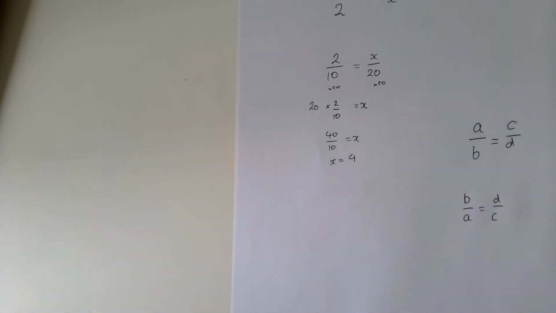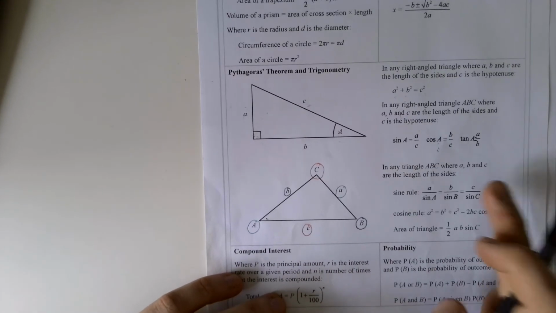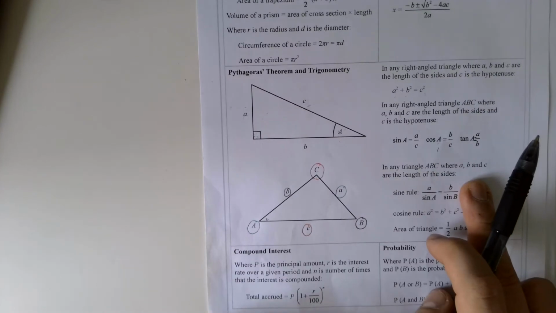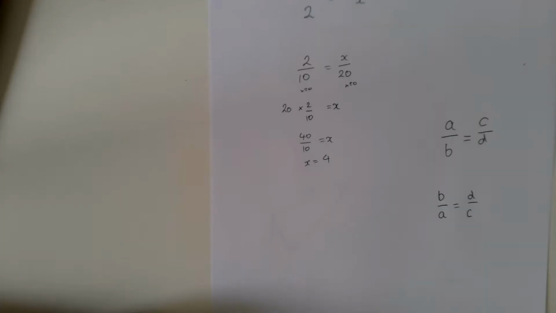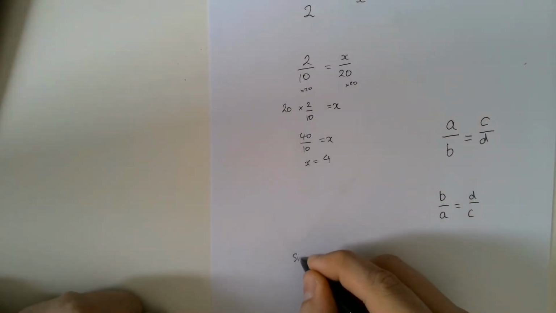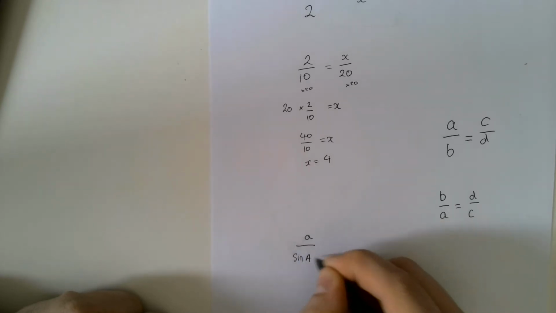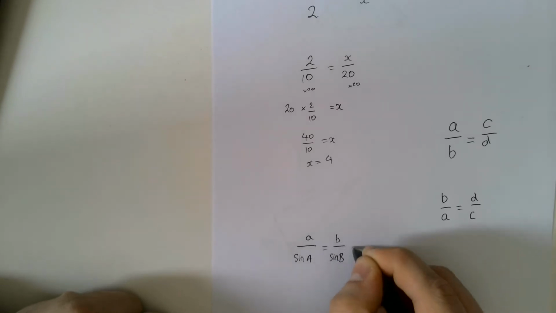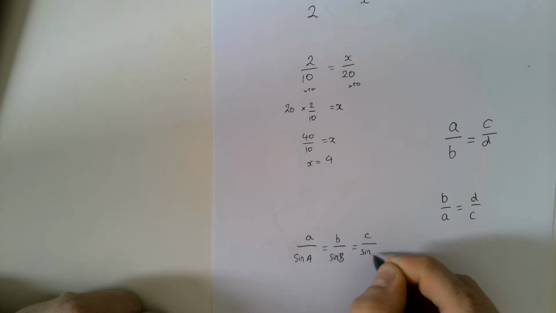So if we have a look at our formula sheet, because this is just a series of fractions which are equal, it would be absolutely fine just to flip those upside down. So a divided by sine a equals b divided by sine b, and c divided by sine c.